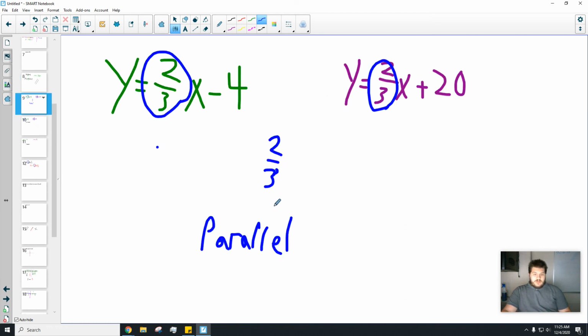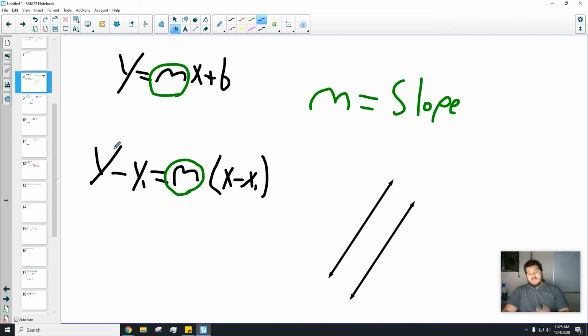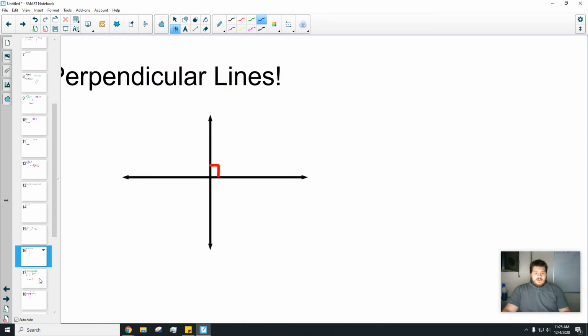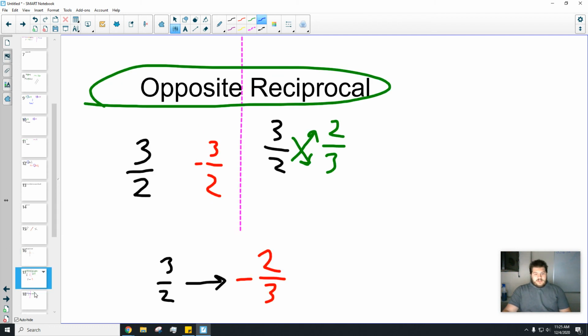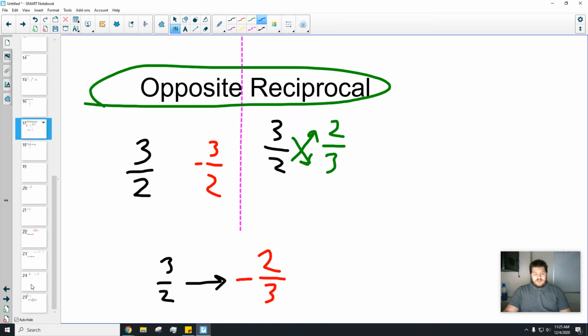Their slope is going to be equal, because they're going the same direction. Perpendicular lines, they're not going the same direction. They're going about as opposite of a direction as you can. This one's going left and right. This one's going up and down. So they have to be different. They're opposite reciprocals. So distinguish between the two.